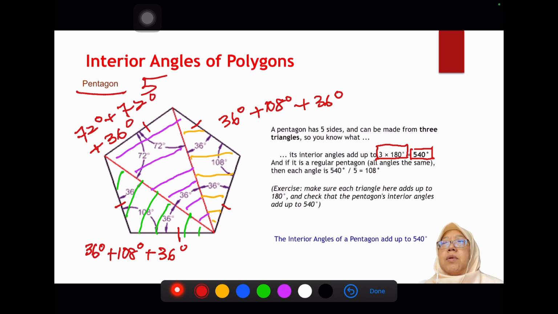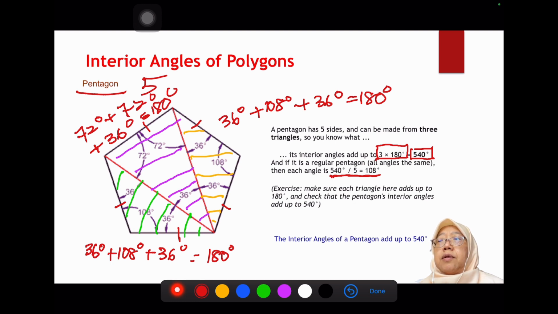When you total it up with your calculator, it will give you 180 degrees for each triangle. So when you add up the interior angles from these 3 triangles, you will get 540 degrees.